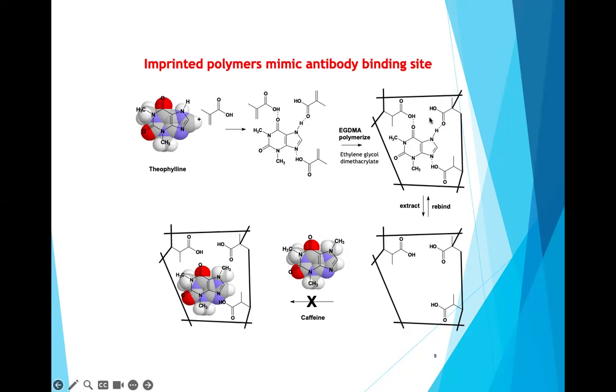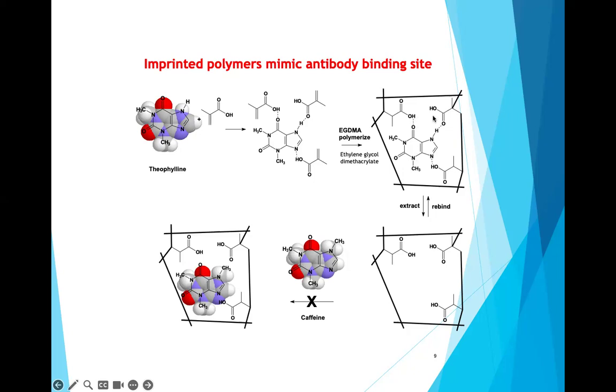Once polymerized, these are the possible interactions that can happen. For imprinted polymers, especially for organic and biological compounds, they rely a lot on hydrogen bonds. You can see we have hydrogen bonds formed between the template and the monomer.